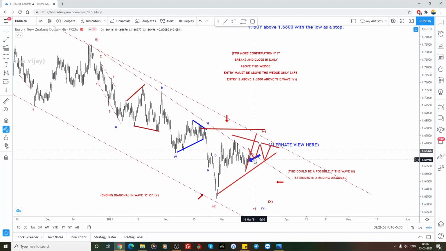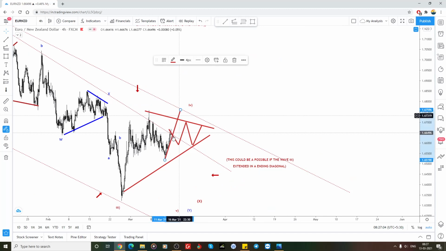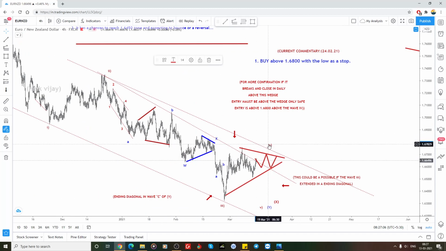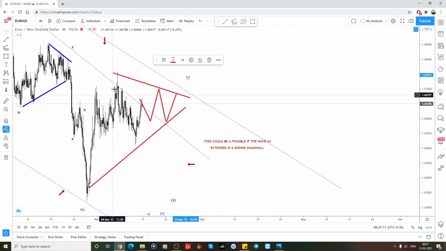Let's, yeah, one second, yeah, so this could be a fourth wave in the triangle, because it's already broken the high.